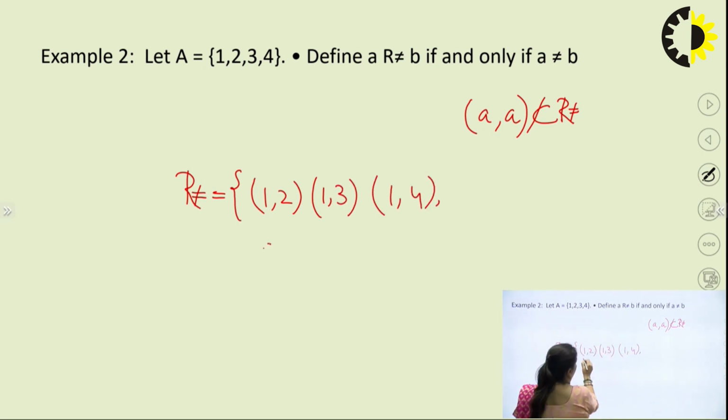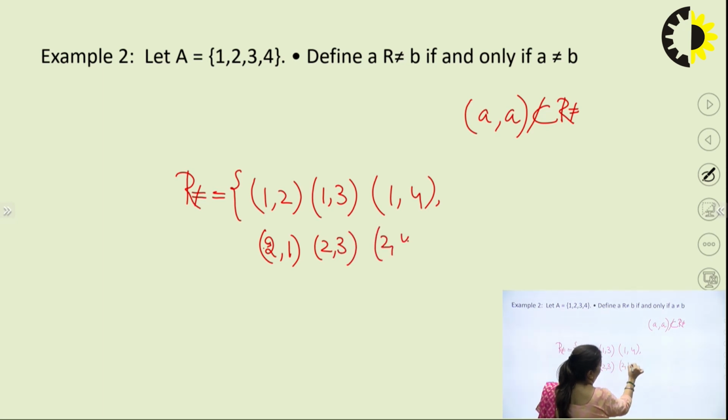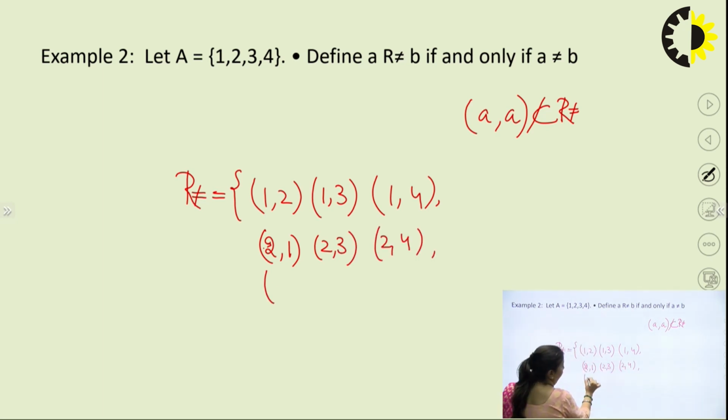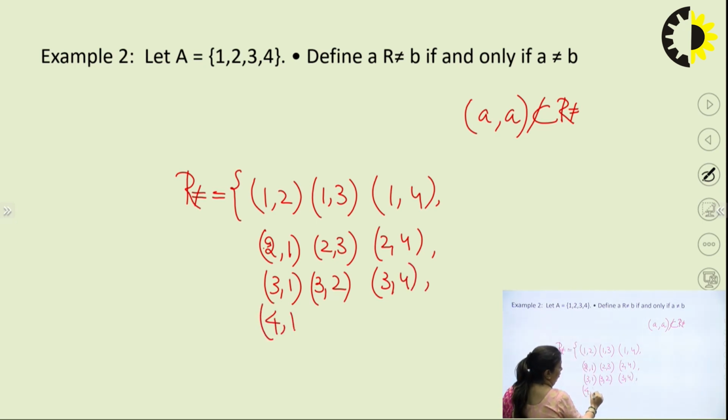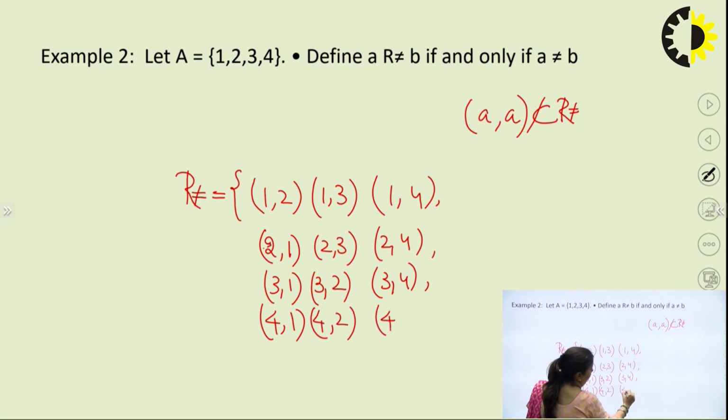Then it will have 2, 1, then 2, 2 cannot be there, 2, 3 and 2, 4. It will even have 3, 1, 3, 2, 3, 3 cannot be there, so it will have 3, 4. And the last, 4, 1 will be there, 4, 2 will be there and 4, 3 will be there. 4, 4 cannot be there.